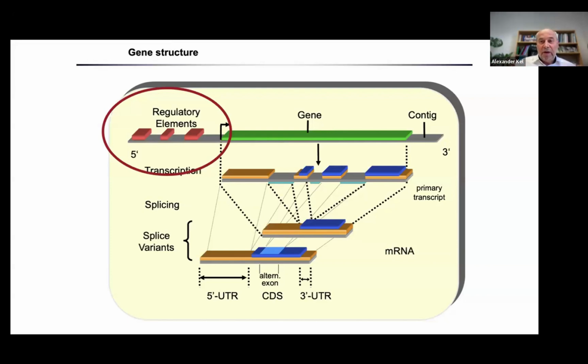But it is very important to understand that we are talking about the start of transcription, which is in front of the transcribed area, which is later spliced, and it's different from the start of translation, which is here. We are talking about the start of transcription, and in front of it there is a promoter area.